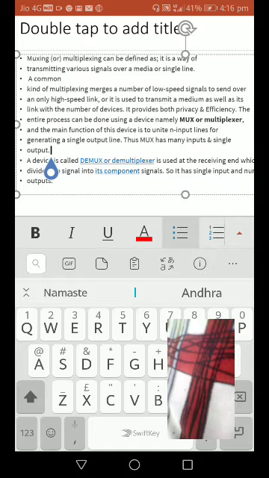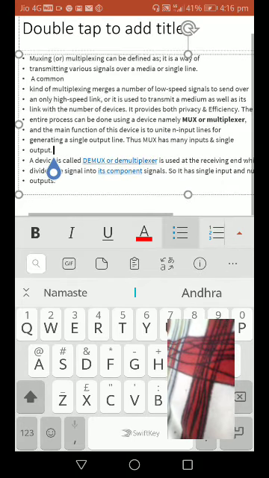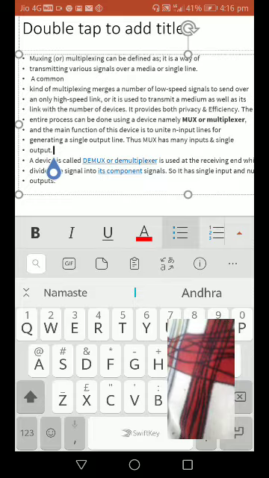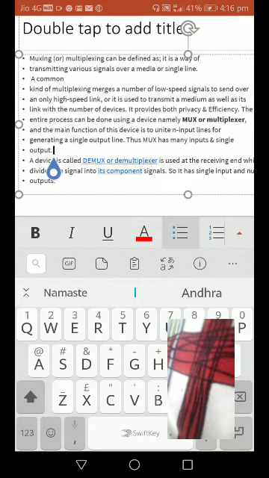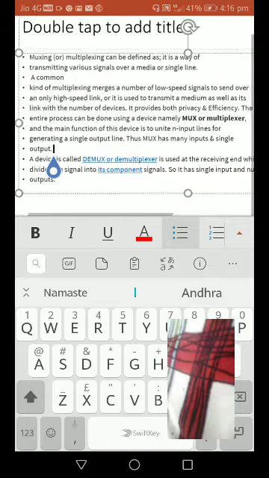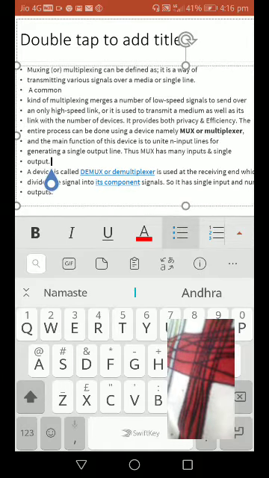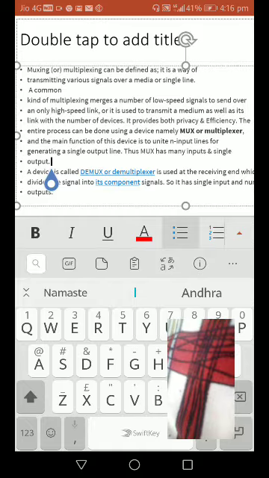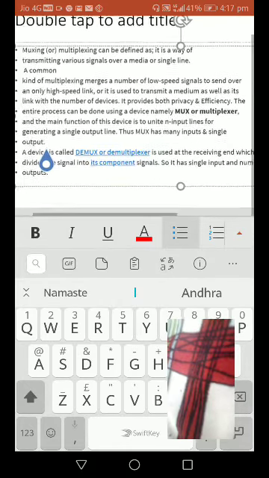Multiple input lines generate a single output line. A multiplexer acting on many inputs to get a single output is called a MUX. Thus, a MUX has many inputs and a single output.